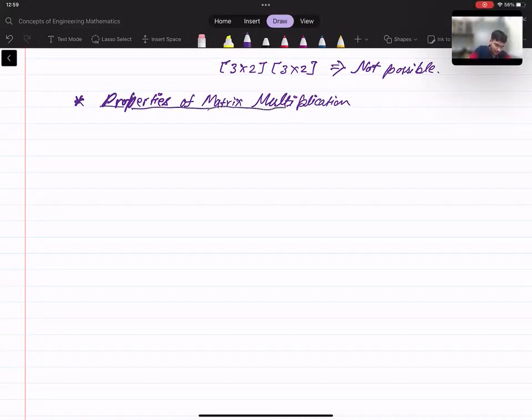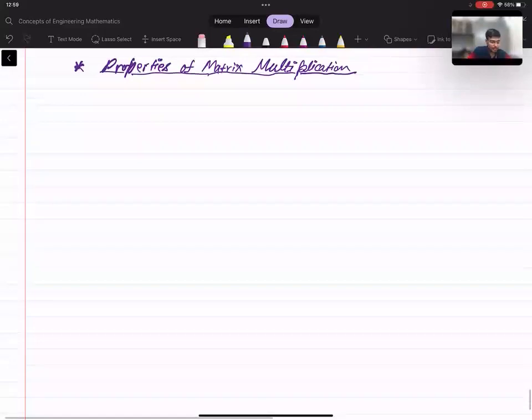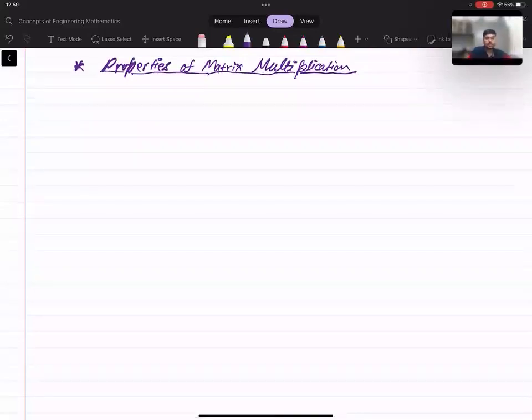Like there were certain rules or properties for addition and subtraction, there are some for multiplication also. So what are those? The very first property is that matrix multiplication is not always commutative.